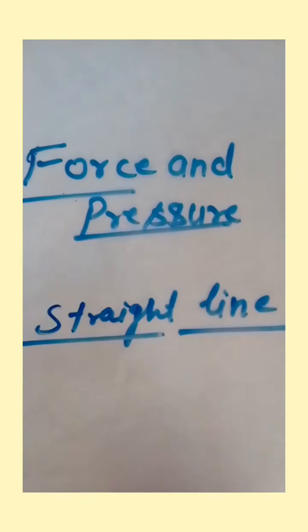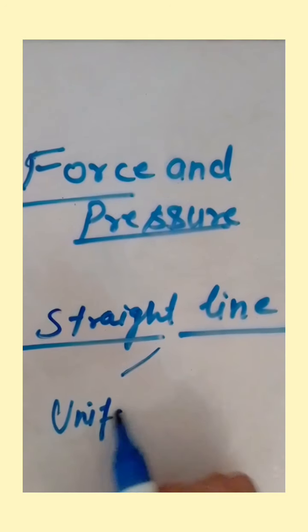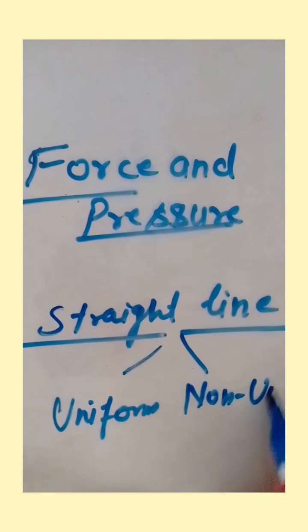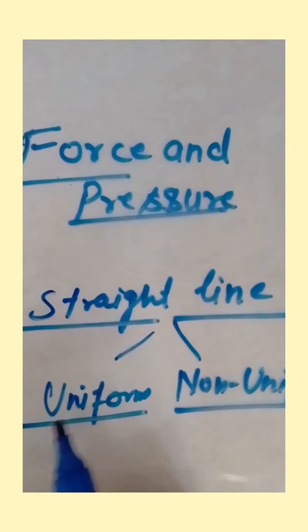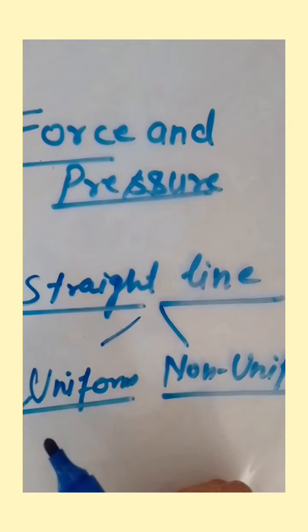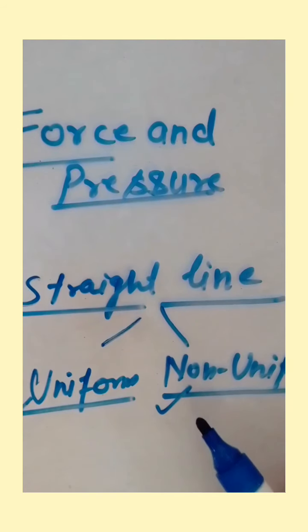How objects move in a straight line. Then you also studied there about uniform and non-uniform motion. Uniform means when an object moves after a fixed interval of time, and non-uniform means there is no uniformity, means it will not repeat itself after a fixed interval of time.